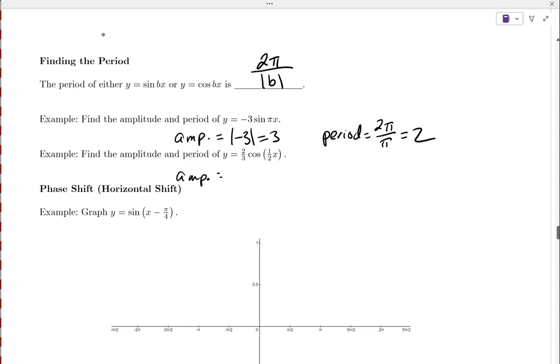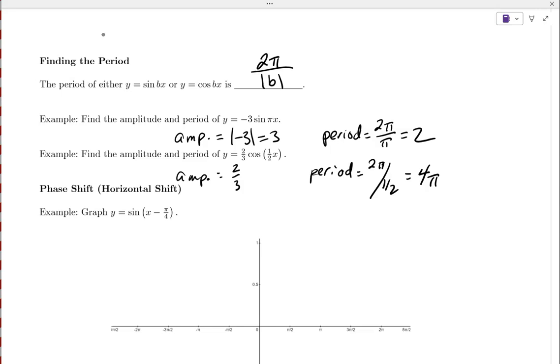For the second one, amplitude will be 2/3. Good. The period, how do we find the period? Good. Divide by 1/2 and we'll get 4 pi. Is that okay?